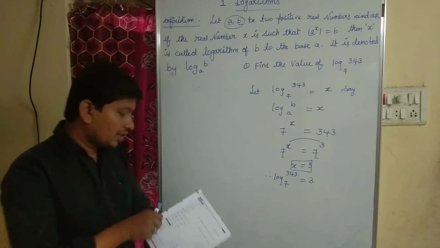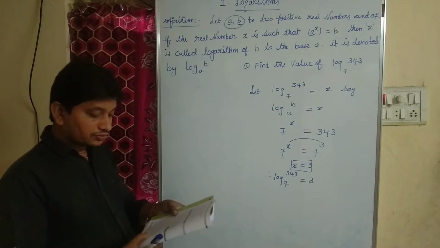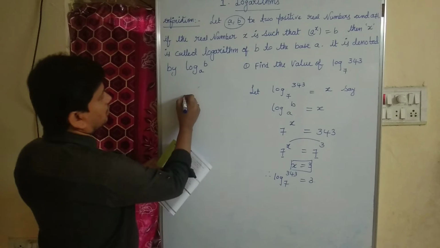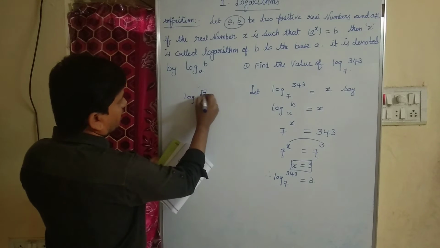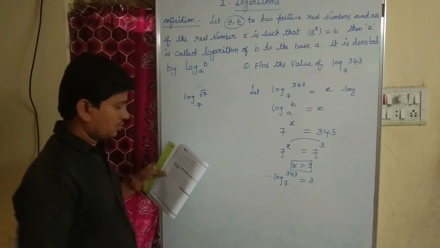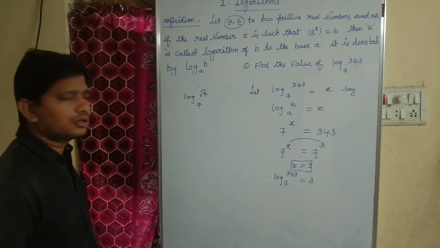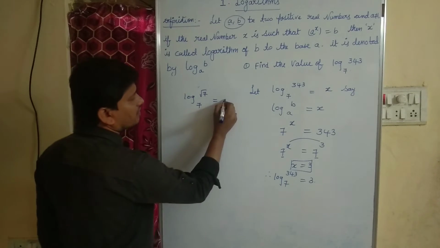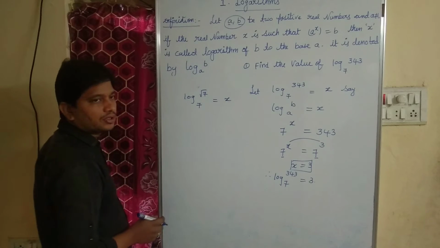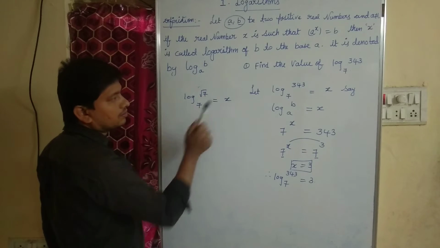Let us take one more question: log root 7 to the base 7. In a similar manner, let us consider log root 7 to the base 7 as x. Now this is logarithmic form.